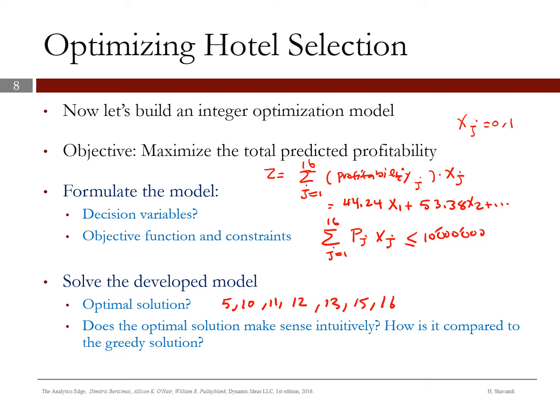That is 7 hotels. Okay, and the value of the objective function here would be 269.92, which is much better than 102 that we had in the greedy approach.